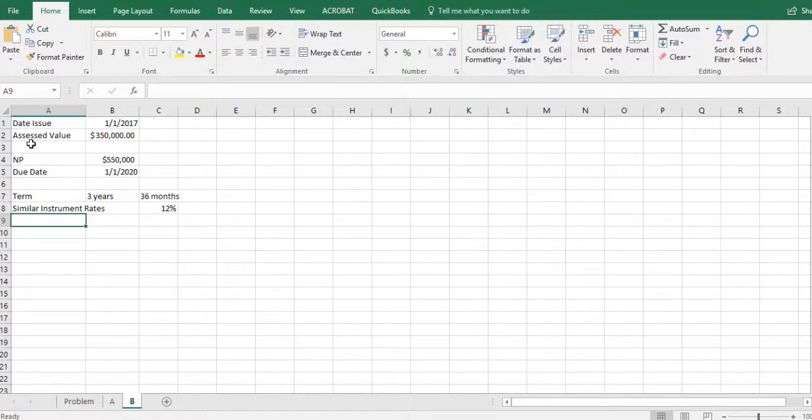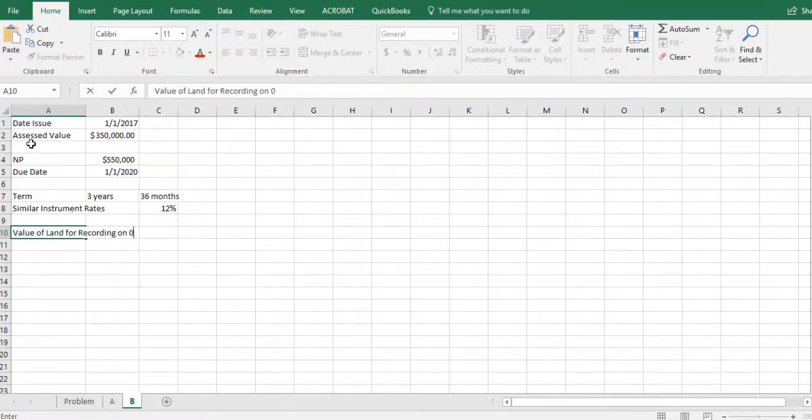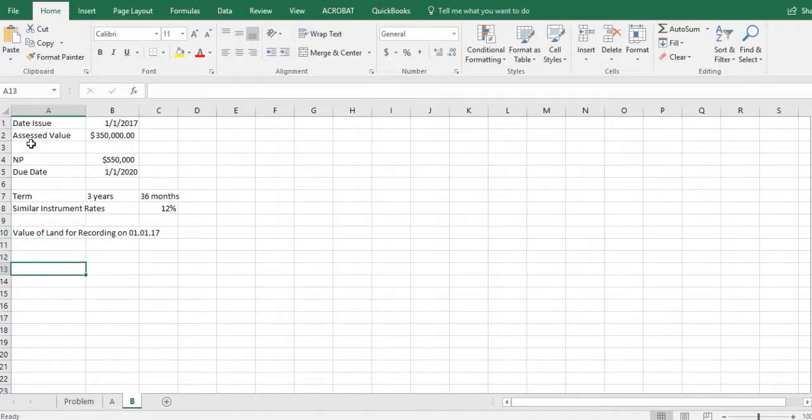So we're looking at the value of the land for recording on 01/01/17, and then we are looking for the interest expense accrual amount for 2017. So these are our two calculations we're looking to do.